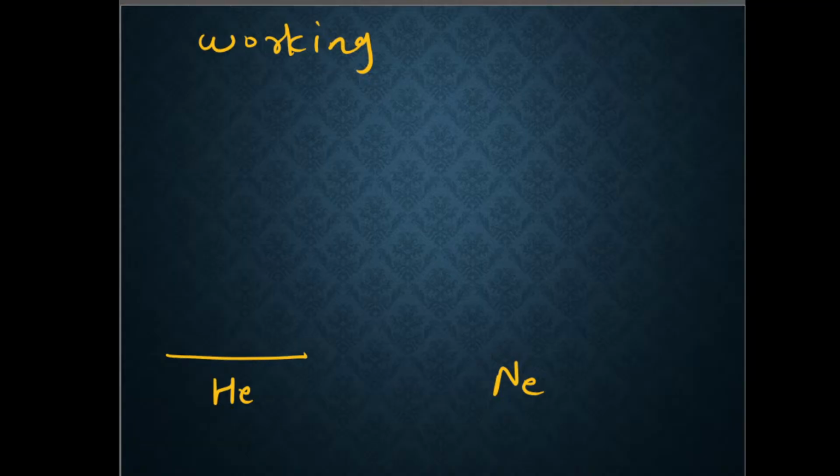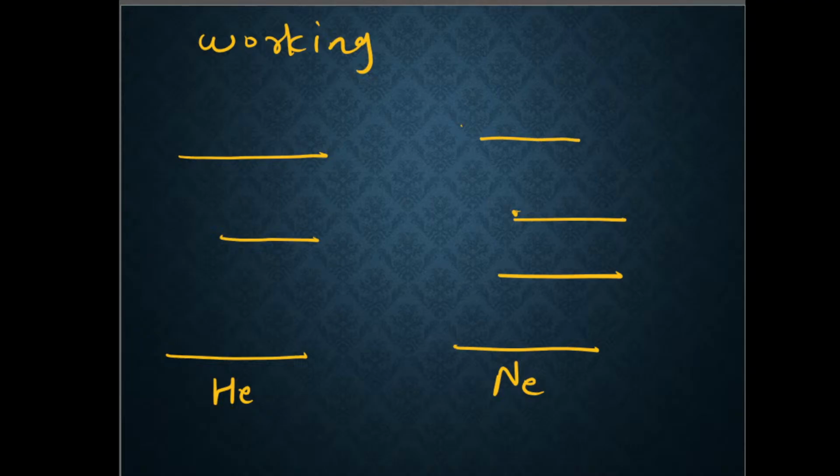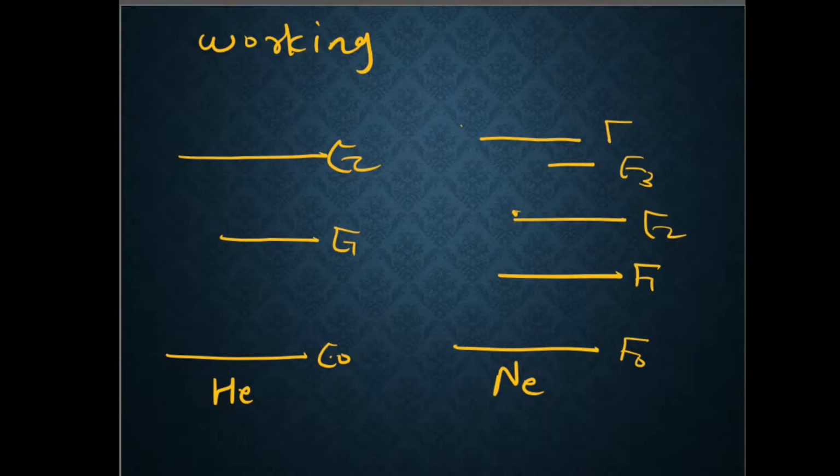Whenever the light is incident, or sorry, discharge is happening, because here in this helium neon laser discharge will be happening inside the material, and at the same time these are like E naught, E1, E2, F naught, F1, F2, F3, F4.